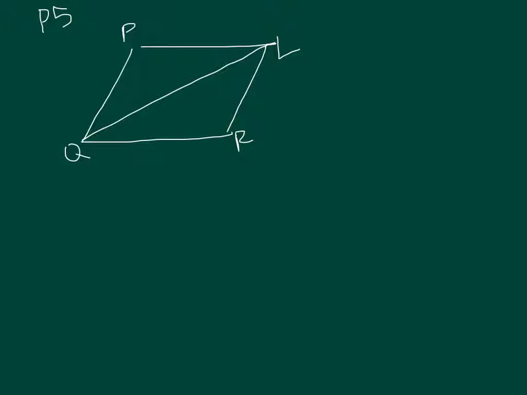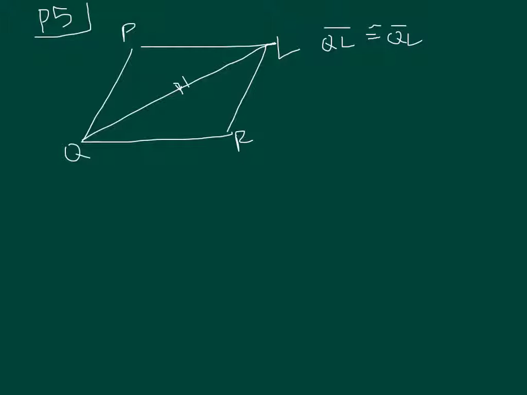So in order to say those are congruent, you're going to have to show that this side is congruent to this side, that kind of thing. So I'll give you one hint. Segment QL is congruent to segment QL because it's the same exact segment shared.